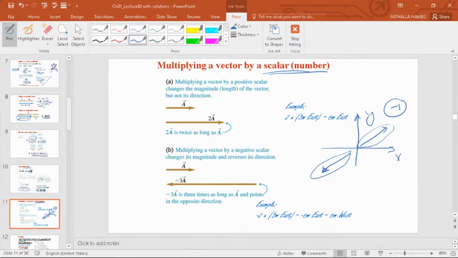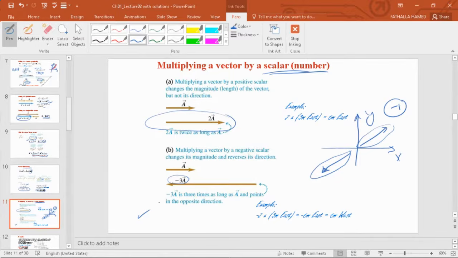So you change the direction of the vector by multiplying by a minus, and this is when we talked about subtraction. You always multiply by a minus. But you can also increase your vector by any number you want. So for example, you multiply by 2 here and you get twice your original vector. You multiply here by -3 and you get 3 times the magnitude of your vector, but in the opposite direction.